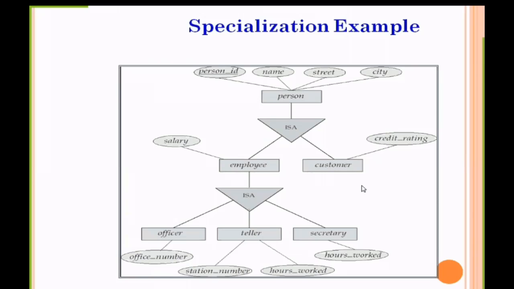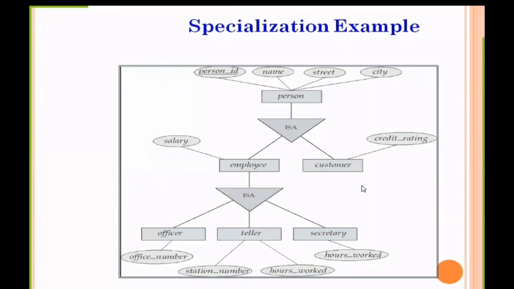Similarly, we have created a customer table with the additional property like credit rating. Customer also has all the properties of the person class, but has an additional property like credit rating.